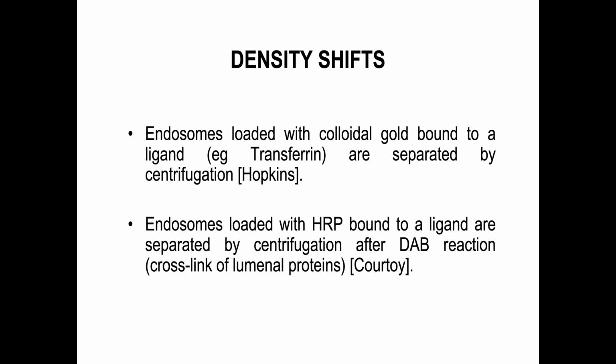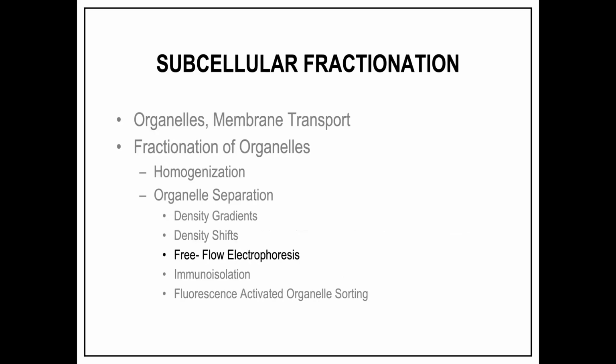And by that, the physical behavior of the endosome during the gradient centrifugation changes in a way that they float to a different position in the gradient. And by this cross-linking can be then collected. So these are simple tricks like density shifts.